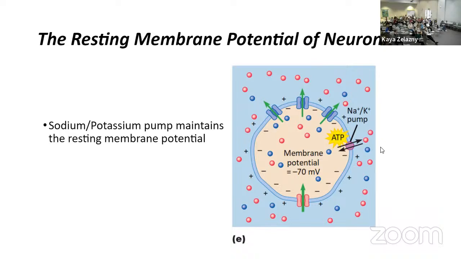Okay, any questions about this at this point? The basic thing we want to know is that sodium wants to come into cells and potassium wants to leave cells. Potassium has more channels open for it, so it's winning in the fight between sodium and potassium. The sodium potassium pump is remotely driving.